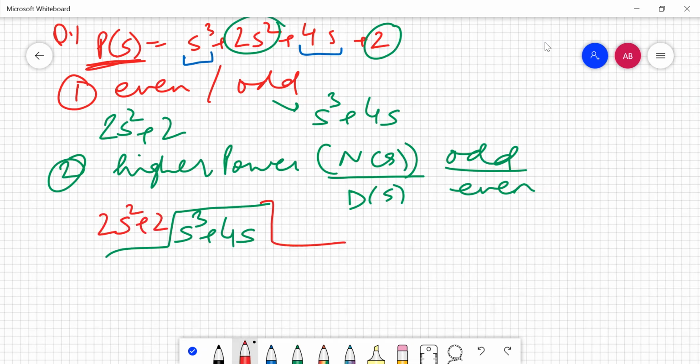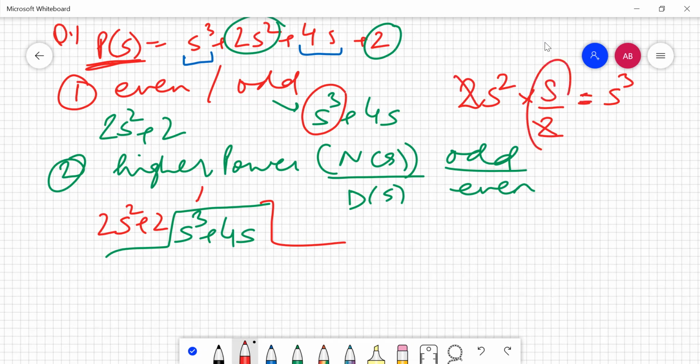The first thing that you need to do in CFE is cancel your very first term, s cube. So you have to make sure that what you multiply with 2s square makes it equal to s cube. If I divide it by 2, then my 2 and 2 will cancel, and if I multiply it by s, then it will be equal to my s cube.